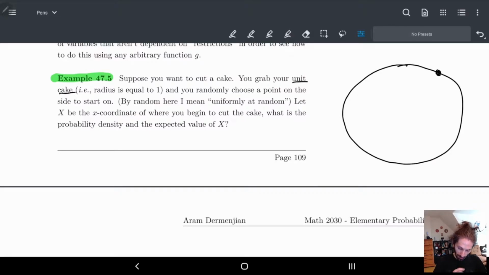So we're going to let x be our x coordinate. So here, let me draw a plane. This is going to be our x coordinate of where we cut the cake. And so what's the probability density and the expected value of x?